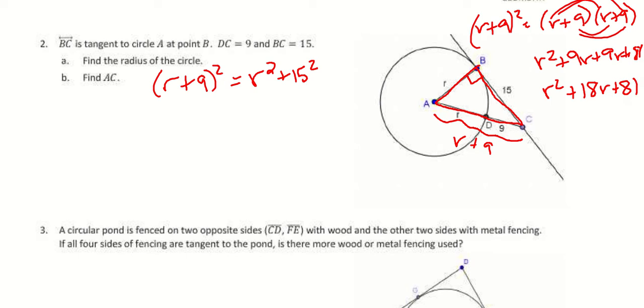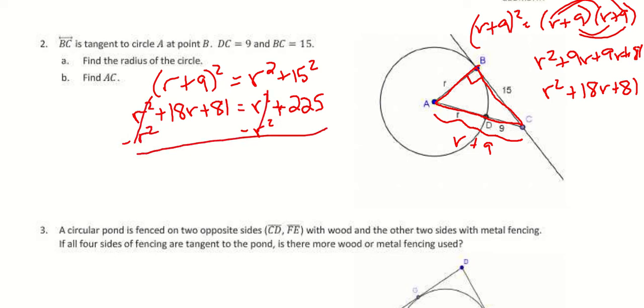Okay, so we'll bring it back into our question: r squared plus 18r plus 81 equals r squared plus 225. Now, normally when we solve a quadratic, we want to get everything on the same side. In that process, the r squares are going to cancel out.